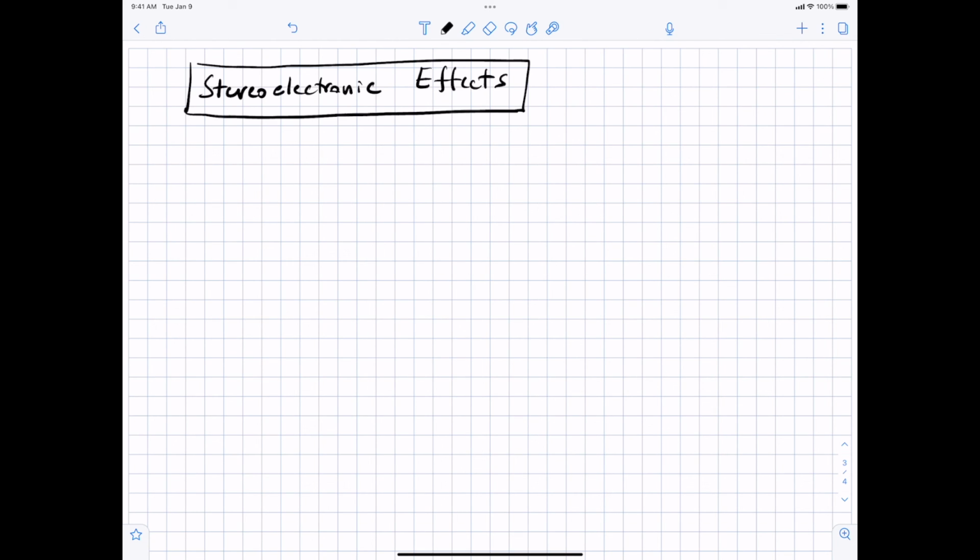So what do we mean by stereoelectronic effects? Well, let's start with something that's called the gauche effect. And this is kind of an interesting story. We're used to thinking of, let's just go 1,2-difluoroethane. It could exist in this conformation in which the fluoro groups are anti to each other.